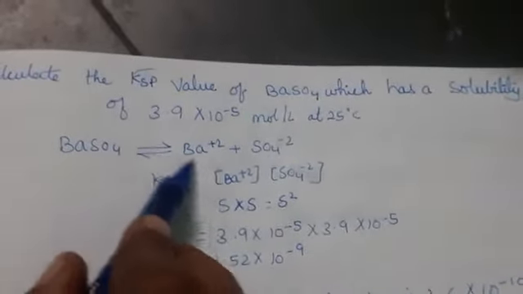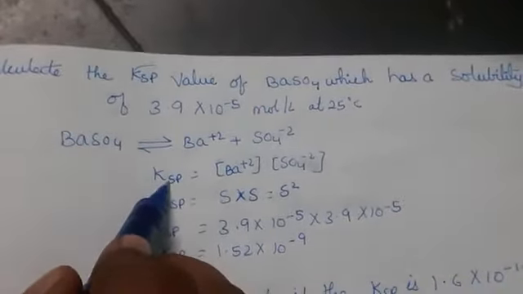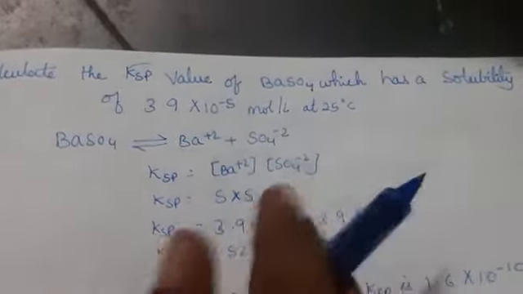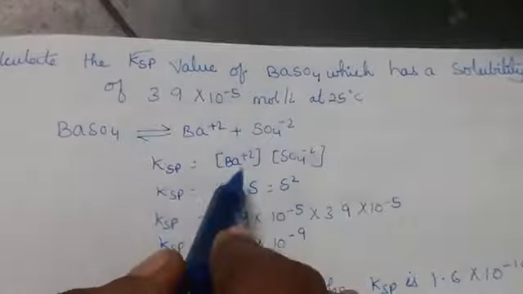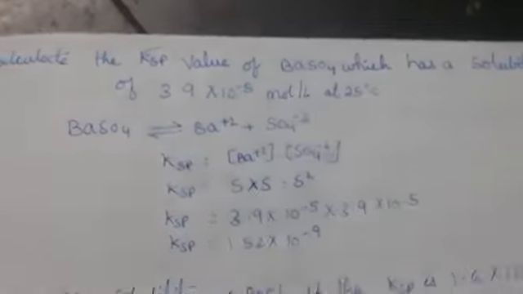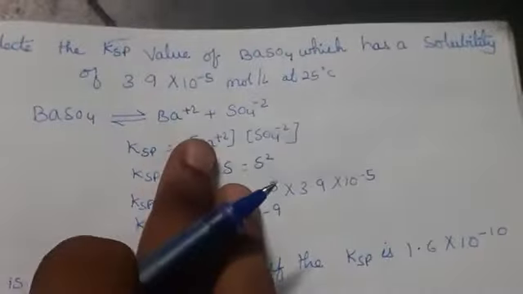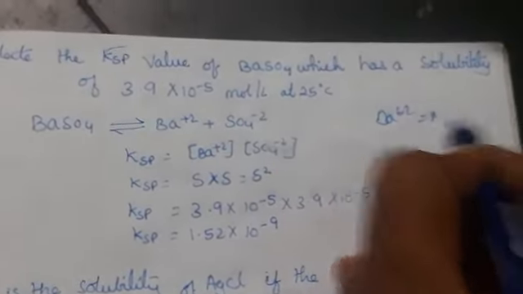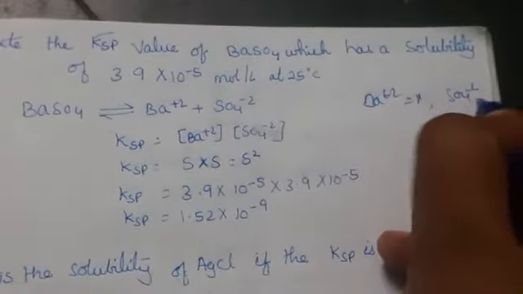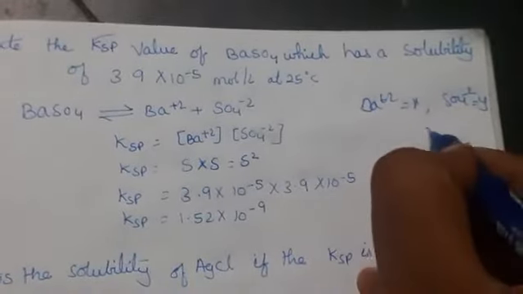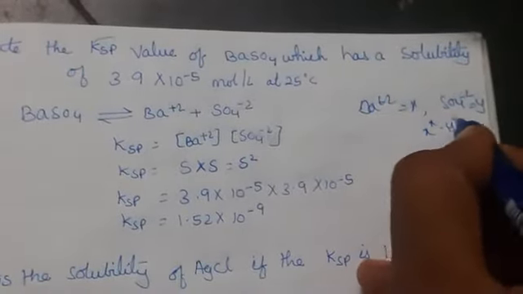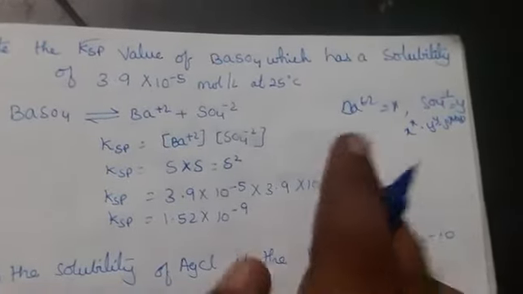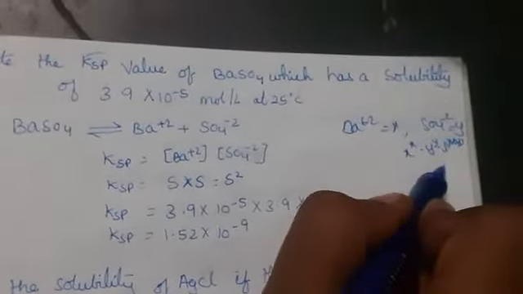Then the solubility product Ksp is equal to the concentration of Ba plus 2 into the concentration of SO4 minus 2. As known, Ba plus 2 will be x, SO4 minus 2 will be y. Then you get x power x into y power y into S power x plus y. So this is the formula we are having.